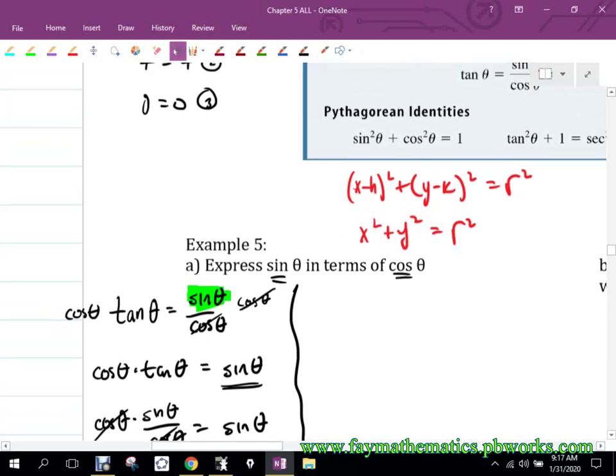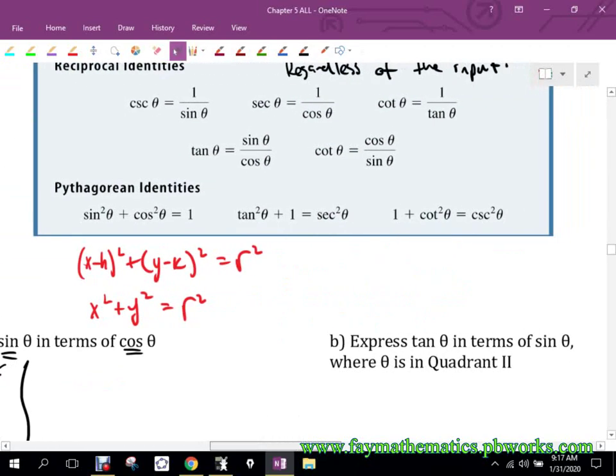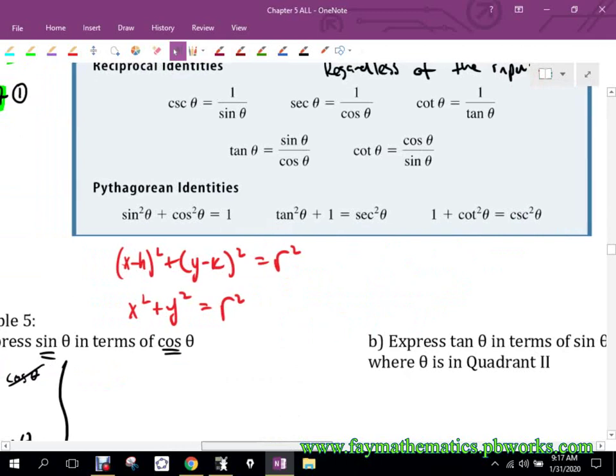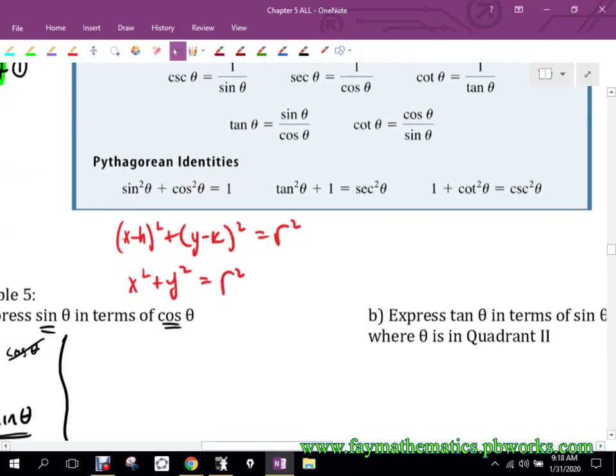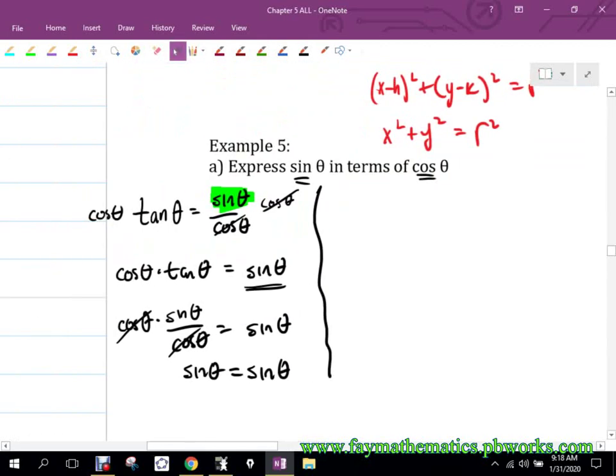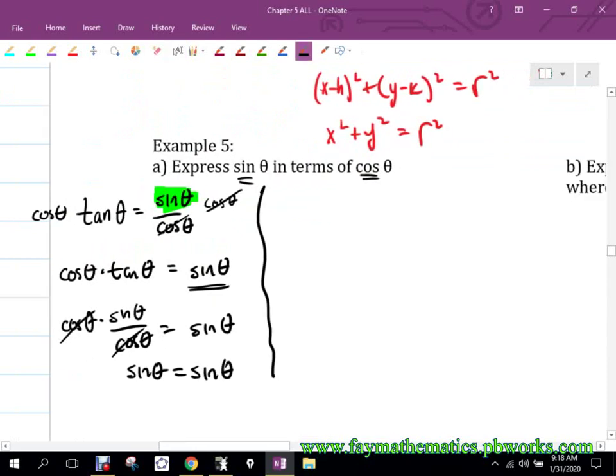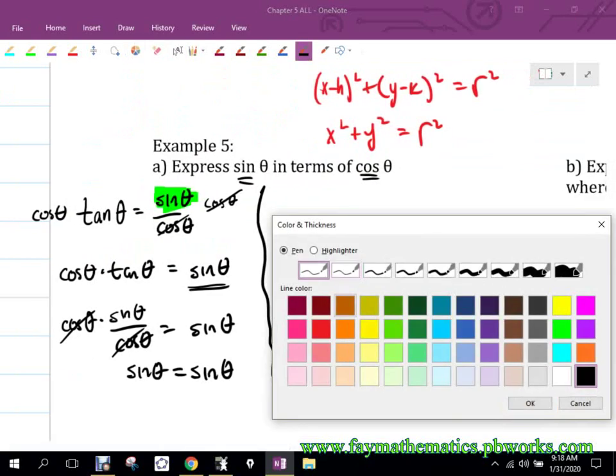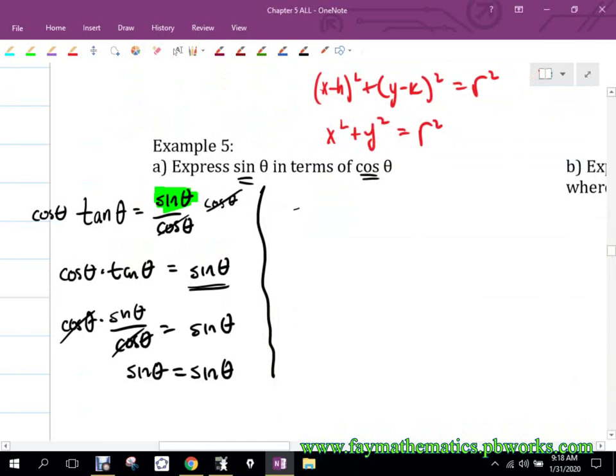What other ones up there that have sine and cosine in them? That one right there, right? Okay. So I'm going to start with that one. Sine squared theta plus cosine squared theta is equal to 1.